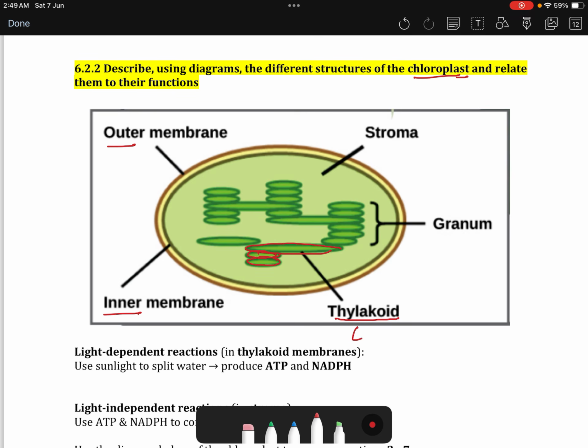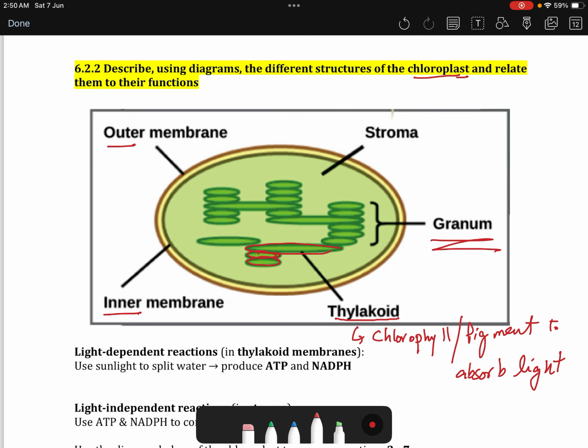Thylakoid is mainly the place that has chlorophyll, a pigment which absorbs light. Many thylakoids pile up and make a granum.